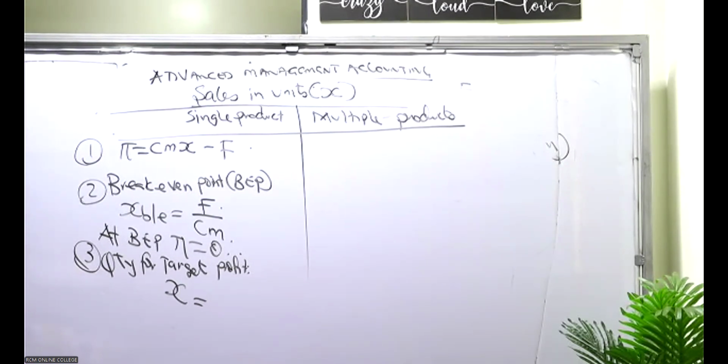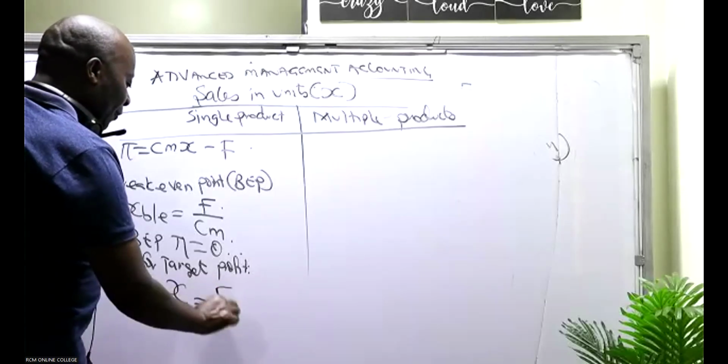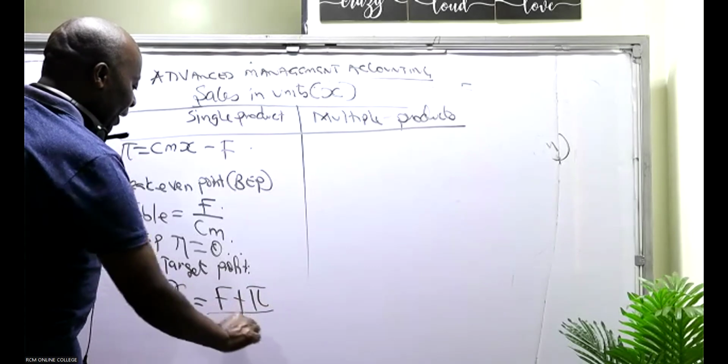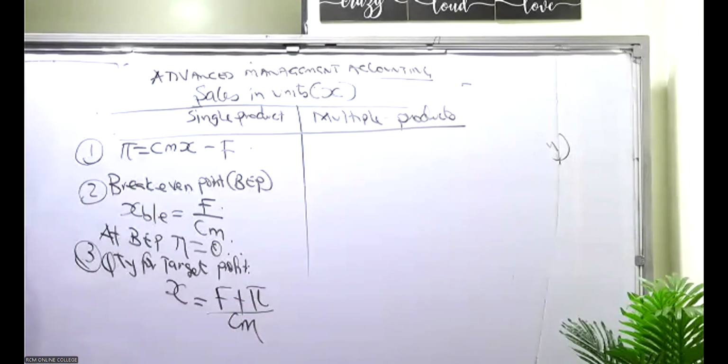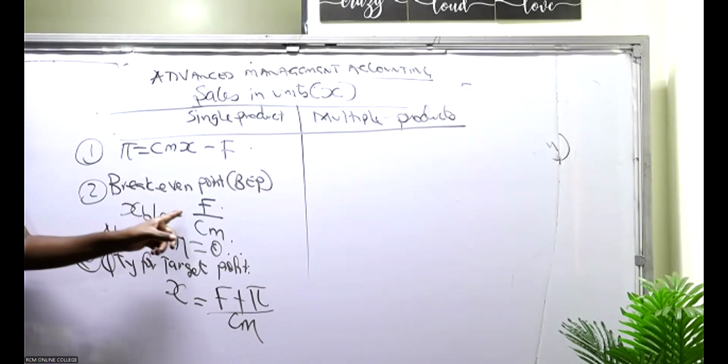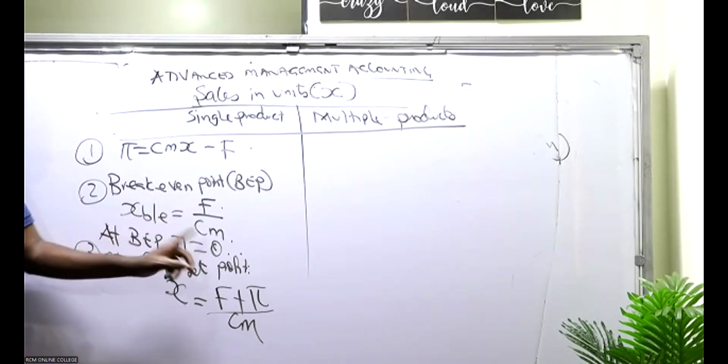So if they want us to give them quantity for some target profit, this X will be F plus the profit you are targeting, divided by CM. Remember, I'm not talking of X break-even. Whenever I'm targeting break-even, the profit is zero, so it boils down to fixed cost over CM.